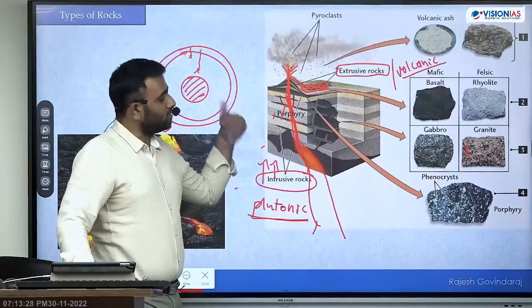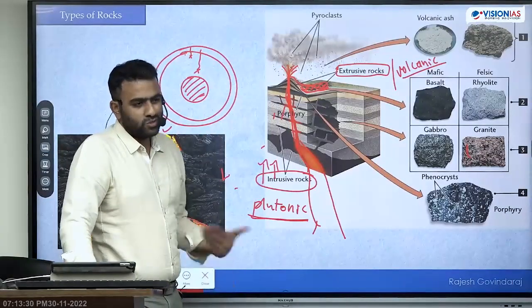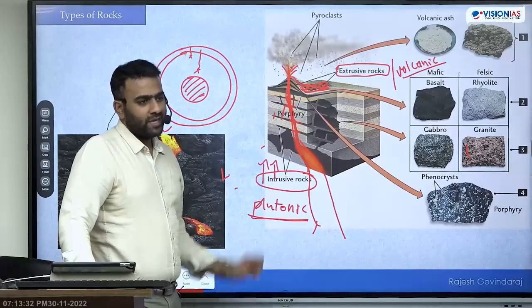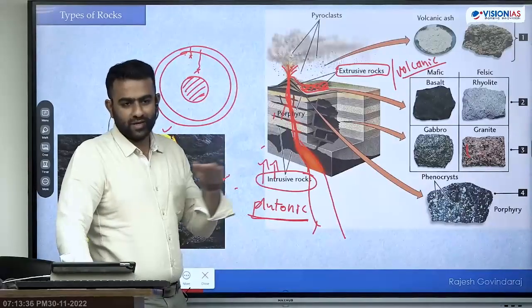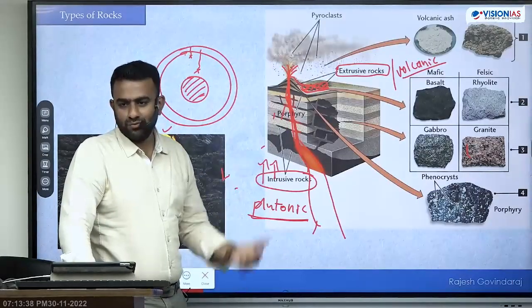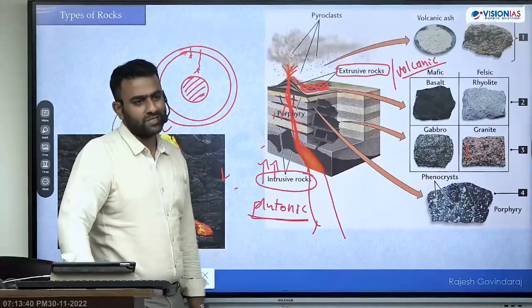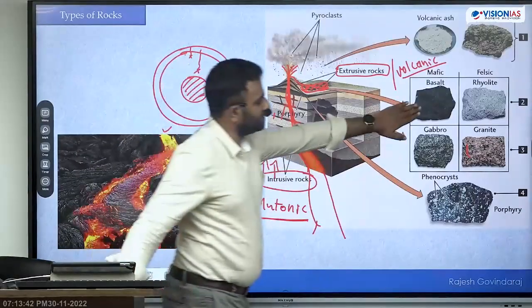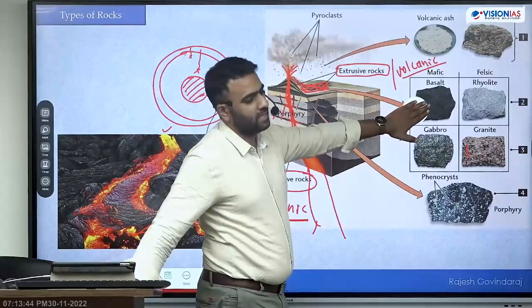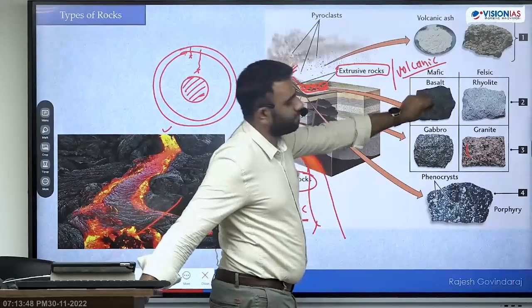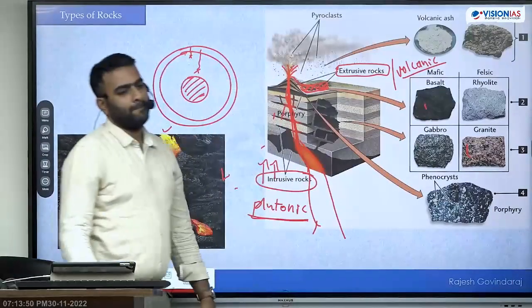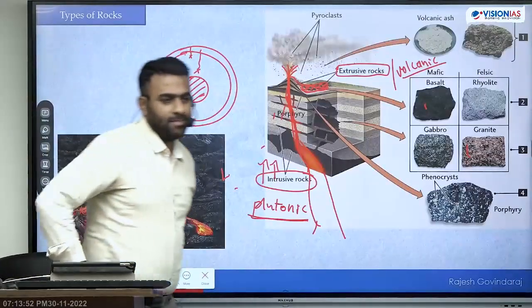If it cools down very fast, rapidly, it results in glassy texture. It stays completely shining and glassy. That is due to fast cooling. You won't identify crystalline texture. This is what we call basalt. You can't identify crystals separately here because it is rapidly cooling.